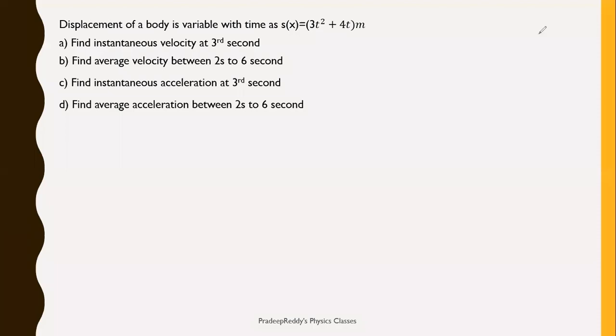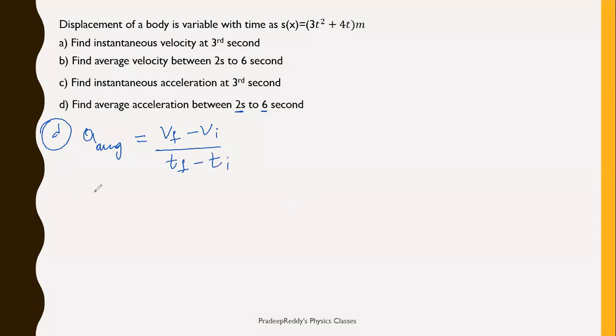Find average acceleration between 2 seconds to 6 seconds. In question D, you see, find average acceleration between 2 seconds to 6 seconds. So what is the formula for A average? Average acceleration is equal to V final minus V initial divided by final time minus initial time, right?